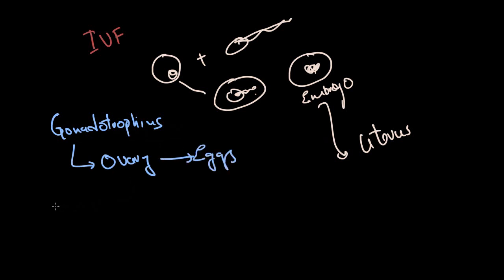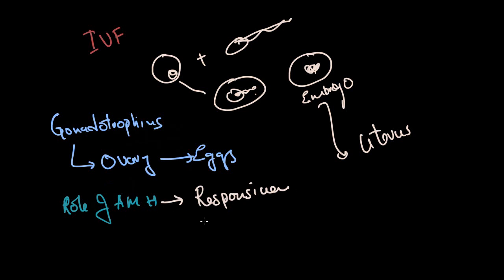So how is AMH useful in this particular scenario? AMH is helpful in determining the responsiveness of the ovary. Patients who have a reasonably good amount of AMH levels are called highly responsive.